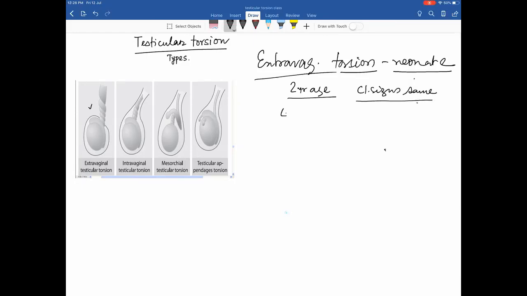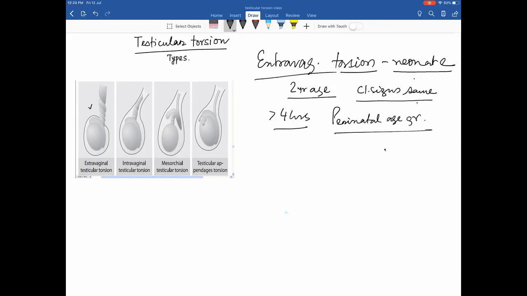Majority of them will present after 4 hours, and thus, as I've already said, the chances of having viable testes in this age group are very less. And please remember that these are seen in the perinatal or the neonatal age group. So these are all the things to be talked about in this one.